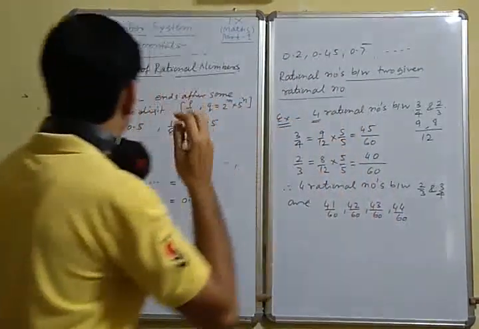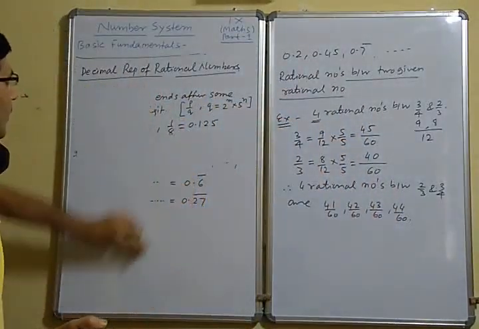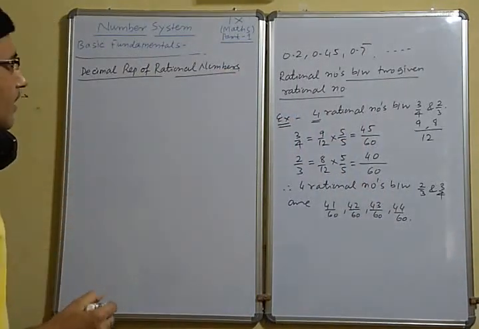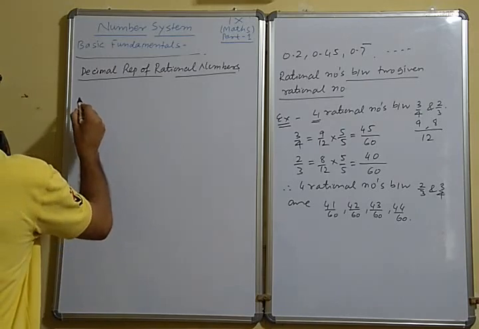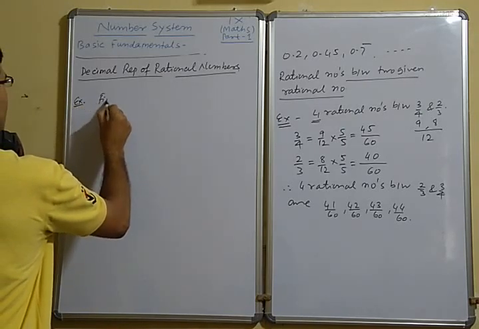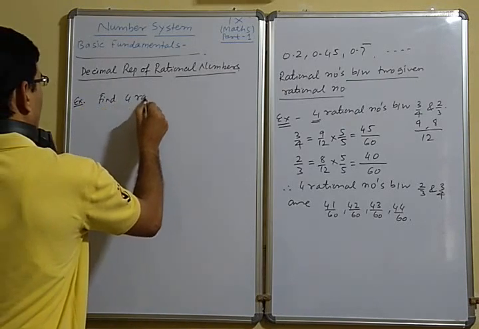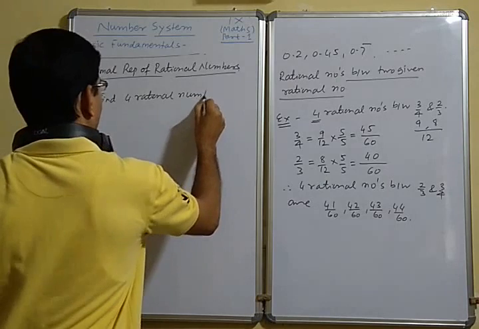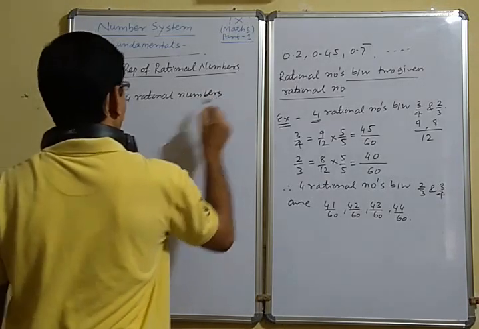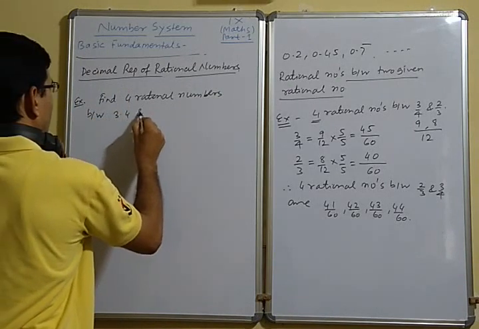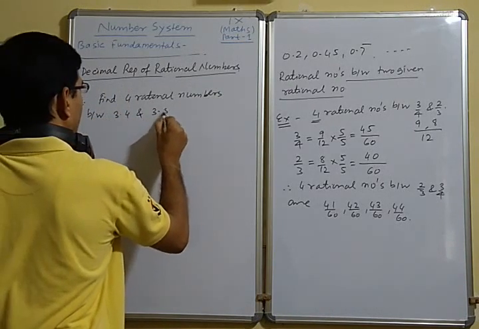Take another example, now in the form of decimals. Next example is find 4 rational numbers between 3.4 and 3.5.